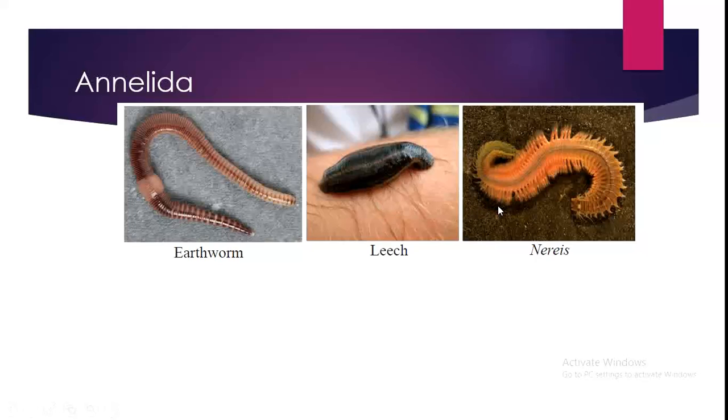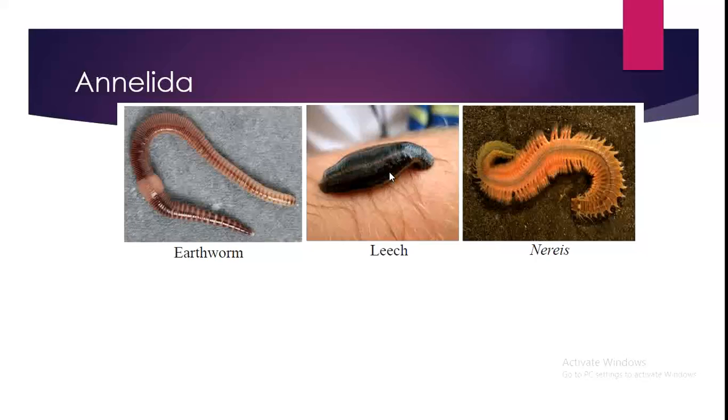The important feature of this phylum is they are triploblastic, meaning that they have 3 germinal layers, as I have explained earlier. Their symmetry is bilateral. They can be divided into 2 similar halves along its axis. Therefore, they are showing bilateral symmetry.